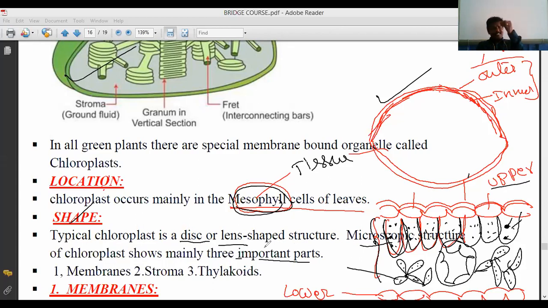Actually, chloroplast is a minute microscopic structure. Only through an electron microscope can we see all the parts located inside the chloroplast. They are membranes, stroma, and thylakoids. These three parts are clearly visible inside the chloroplast under an electron microscope. Okay, that's it.